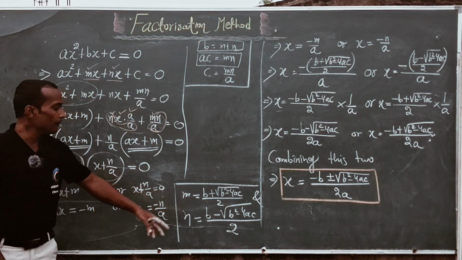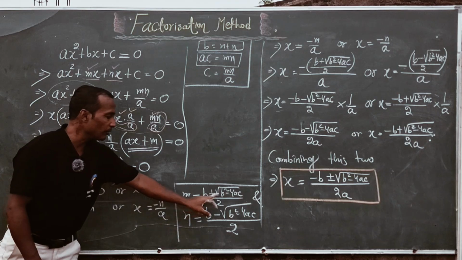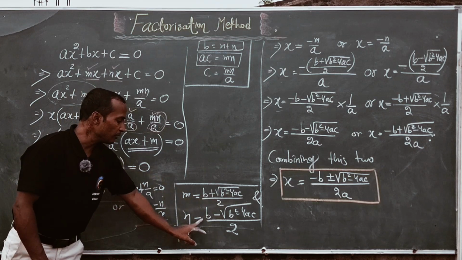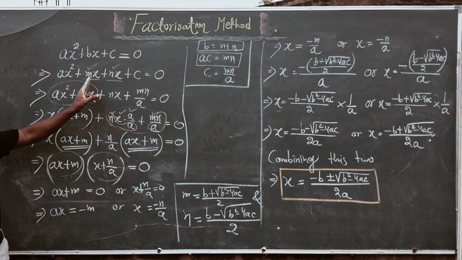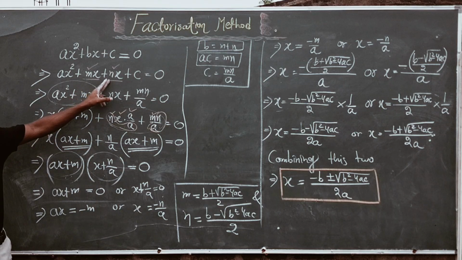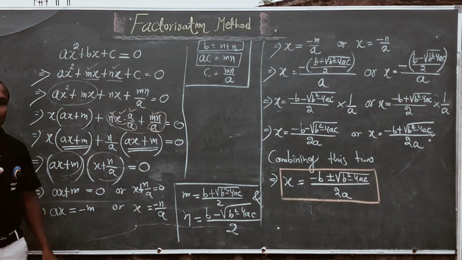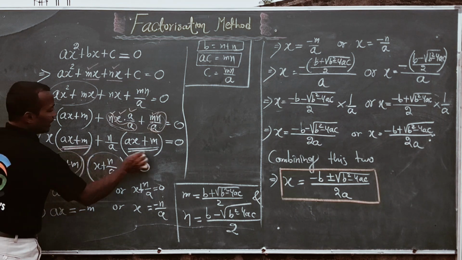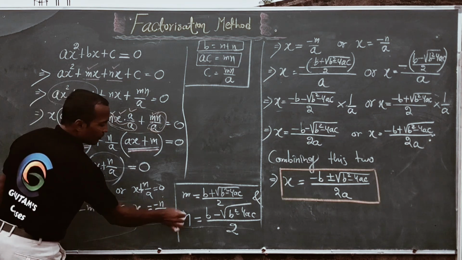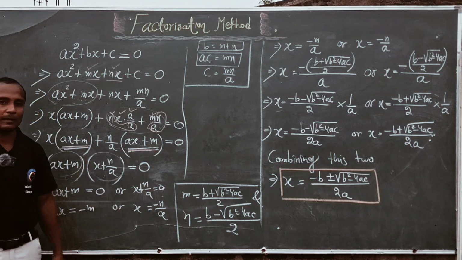To find out m, use this formula, m is equal to b plus root b square minus 4ac by 2, n is equal to b minus root b square minus 4ac by 2. Using these two formulas, you can get the value of m and n, and always it will work. You will be able to factorize easily, and always the same binomial will be left in the two parts if you use these two formulas.